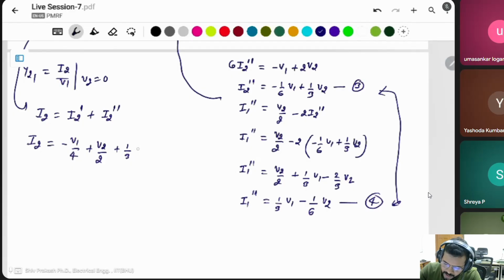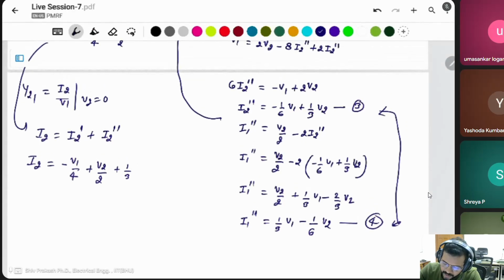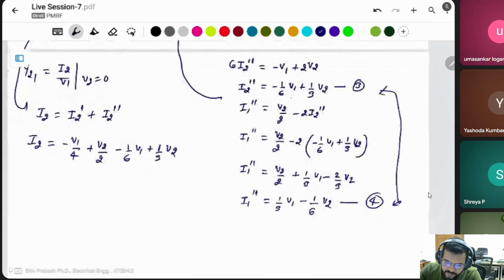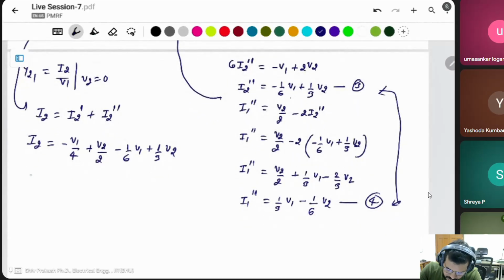Sorry, this is I2. No, this is I2. Then minus 1 by 6 V1 plus 1 by 3 V2. Then what is I2? For V1, 6 and 4 LCM is 12.